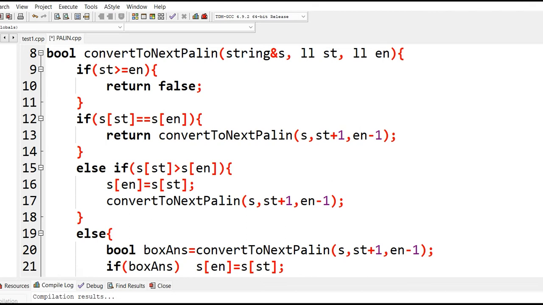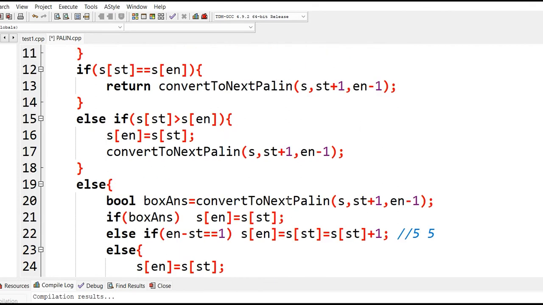Now the case 2 that we discussed is that if the first value is greater than the second value, we actually increase the second value to the first one, and then we similarly call the same function with inner values or the inner substring. The third case is when the first value is lesser than the second value.